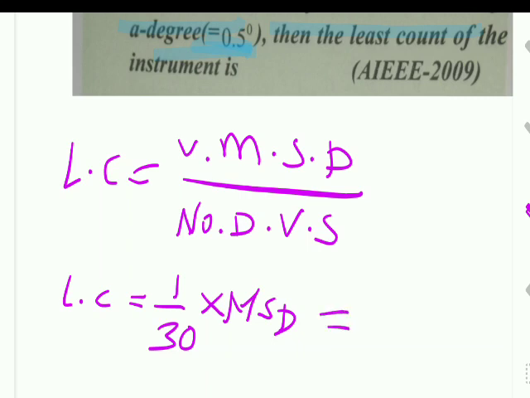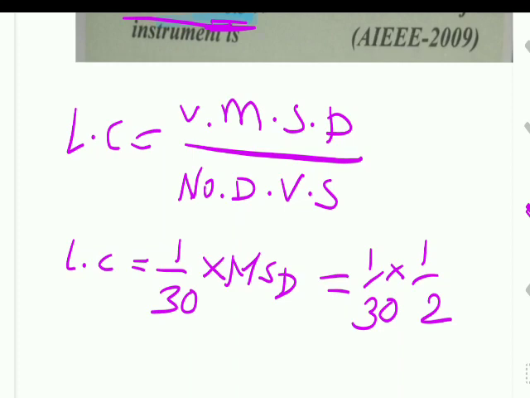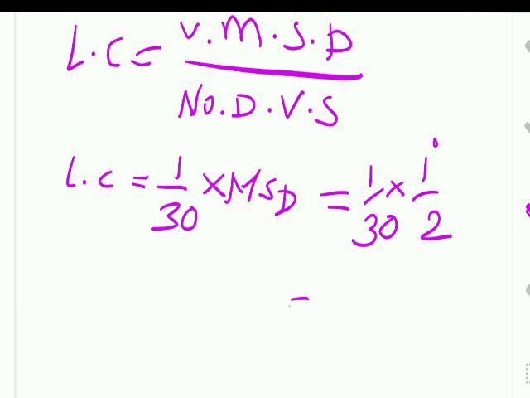So 1 by 30 into half, this is the 0.5. The main scale is half a degree, so 1 by 2 degrees, then equal to 1 by 60 degrees is equal to 1 minute.